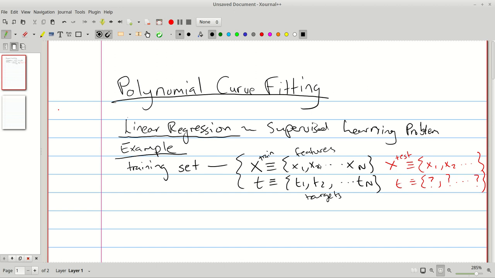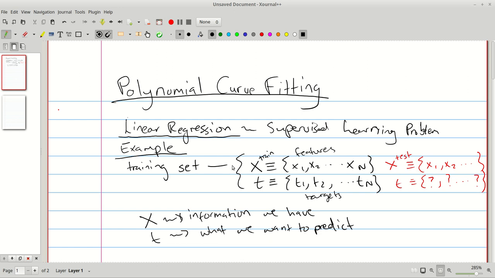So X just represents the features, the information we have, and T, our target, represents what we want to predict. That's the relationship here.